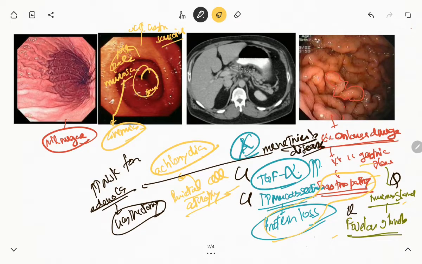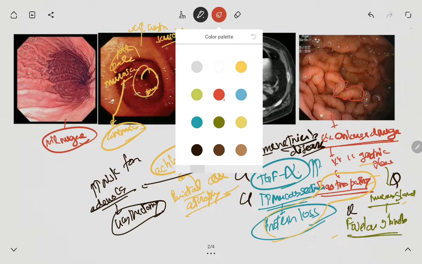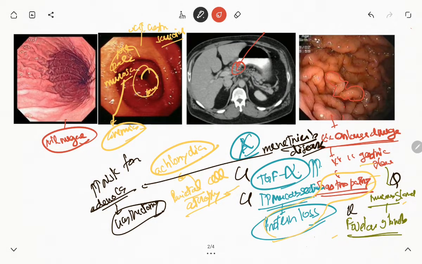And what you see in this picture, the CT findings, is lymphadenopathy. As you all know, sarcoidosis has a great tendency for lymph node spread, and whichever region it affects, you tend to get lymphadenopathy.